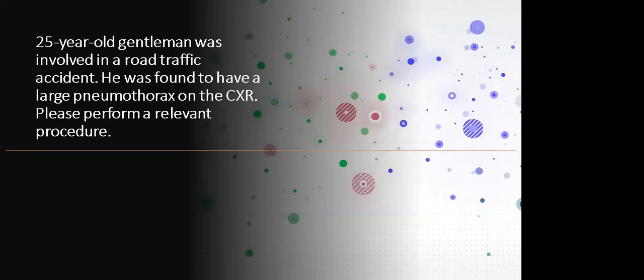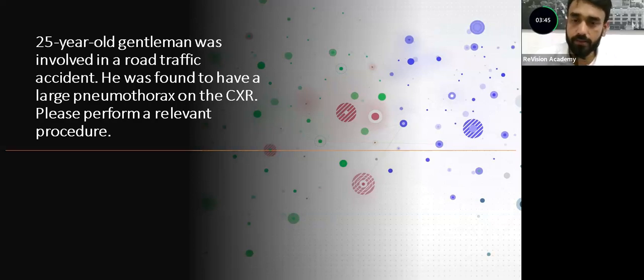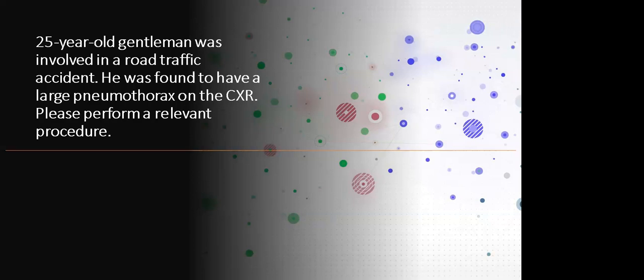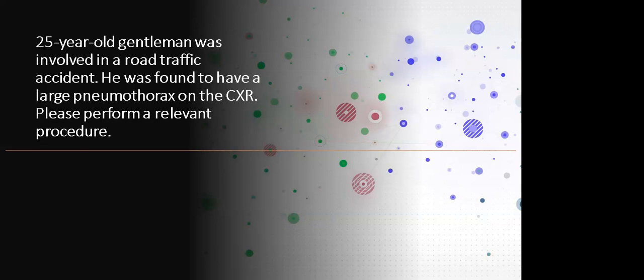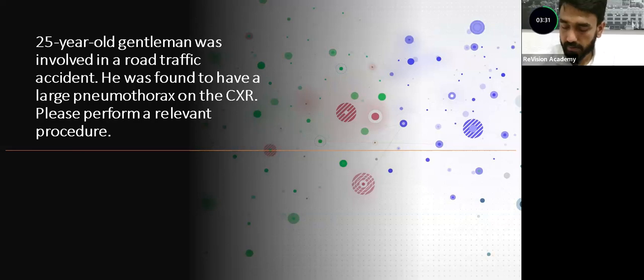How can you calculate? 3 mg per kg into 70 kg. Okay. So that can be up to 210 mg.